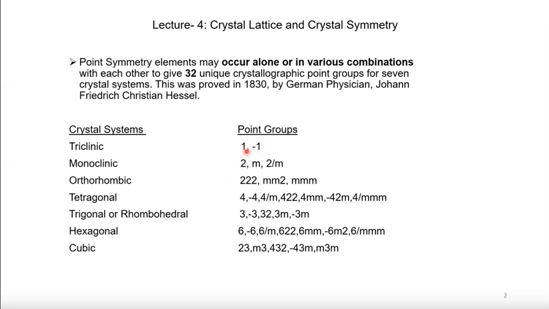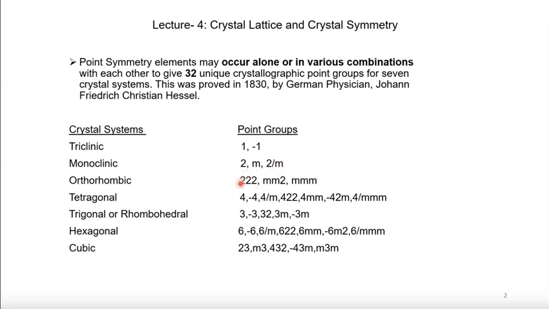I'll go to the next slide, and here, one thing, we say it may occur alone or in combination. So this is a point group occurring by a symmetry element alone. This one is a mirror plane alone. This one is an inversion center alone. But this is a combination of point groups: 2, 4, as well as a mirror plane.